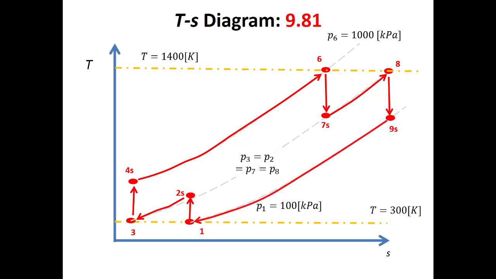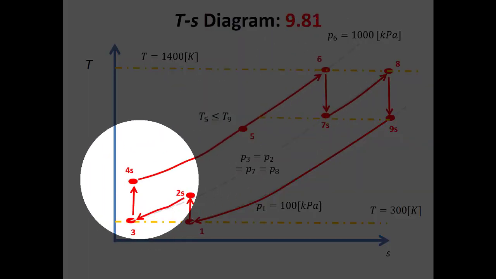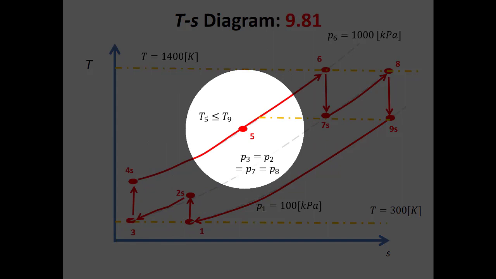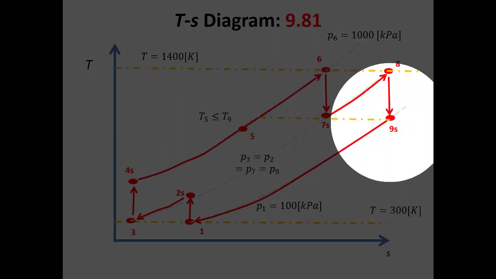And then here, even though there's not a component that goes all the way from 9S to 1, I'm going to draw this as one line, even though part of this cooling just happens in the environment. So now I also have this state 5, right? Remember our regenerator is going to go from state 4S up to state 5, right? And I know that the temperature at 5 has to be less than this exhaust temperature at 9.